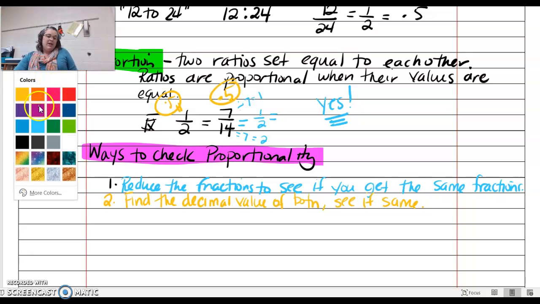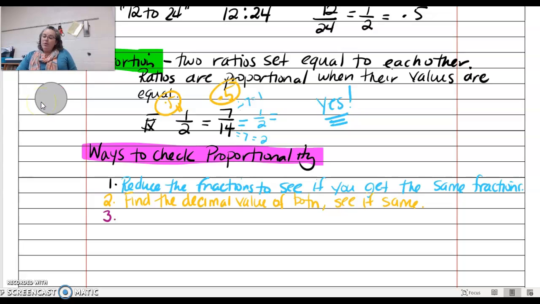Another way to check proportionality would be, could you multiply the first fraction or the second fraction by the same number and get the second one? So multiply.